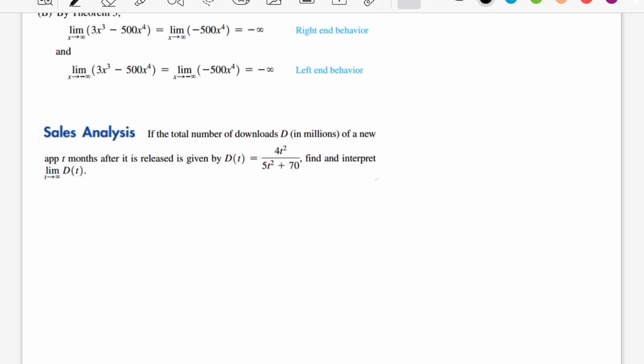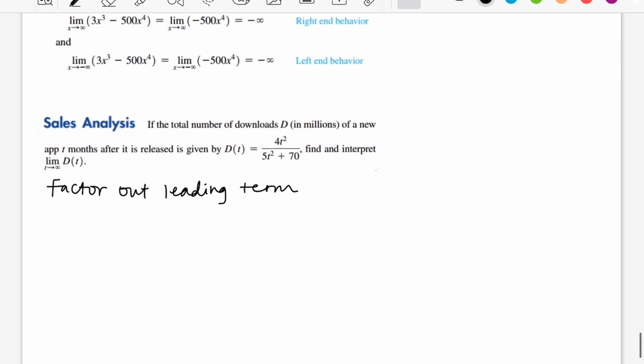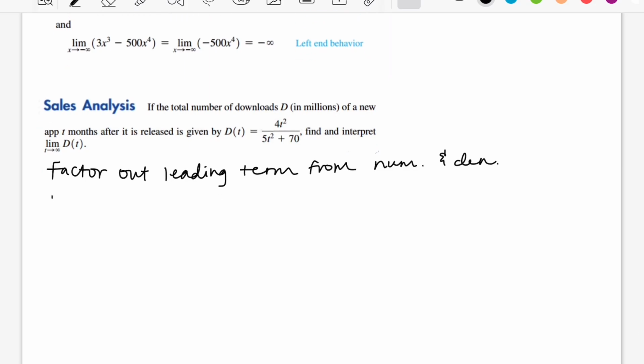So what we'll do first, again, is factor out the leading term. And since we're dealing with a rational function, we're going to do this from the numerator and the denominator. All right. So we end up with d of t is equal to 4t squared is the leading term in the numerator, and then 5t squared is the leading term in the denominator.